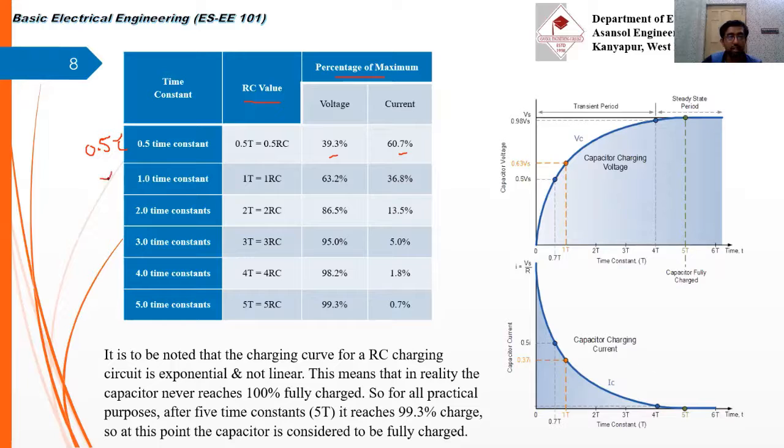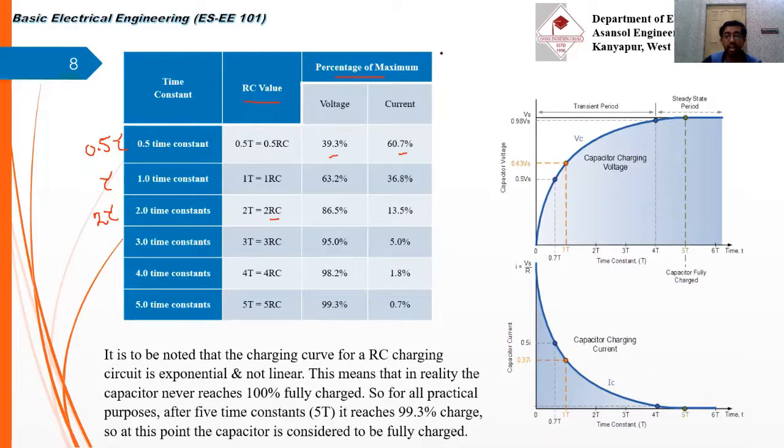Similarly, when it is tau, it is 63.2%, and the current is 36.8%. When it is 2 tau, okay, and what is the charging time, this tau here, that is RC.